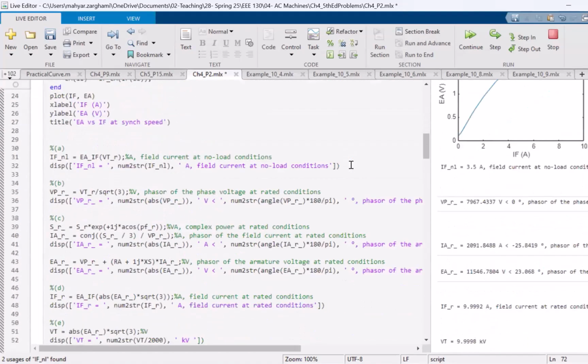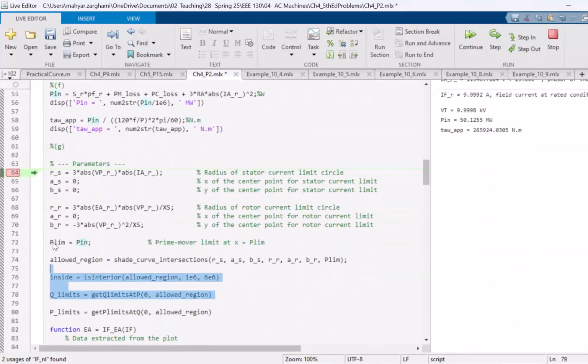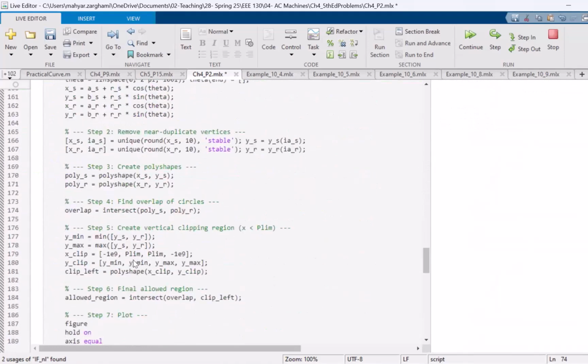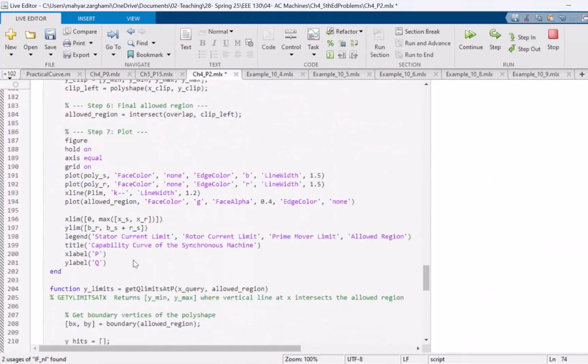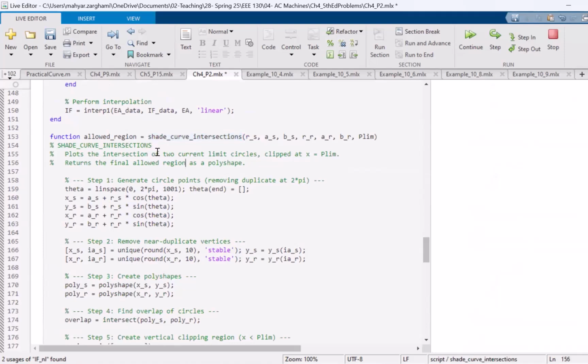So same value that we constructed in F, P in, would be used as the limiting power in the prime mover. Now, this is the function that you need to use, and that function has been provided in here. I don't go into the details of the function, I just explain what it does. So it plots all of those three regions and gets the shaded area between those. Shade curve intersections.